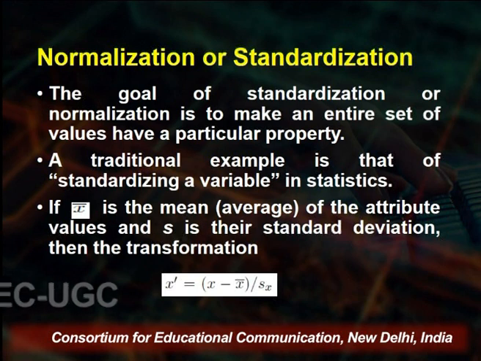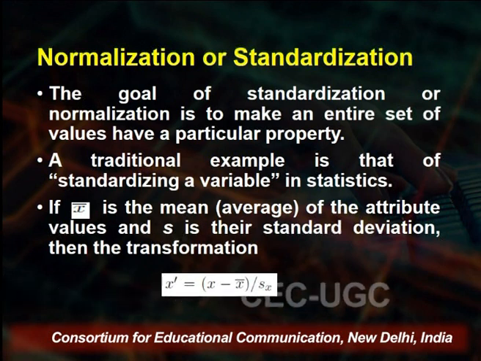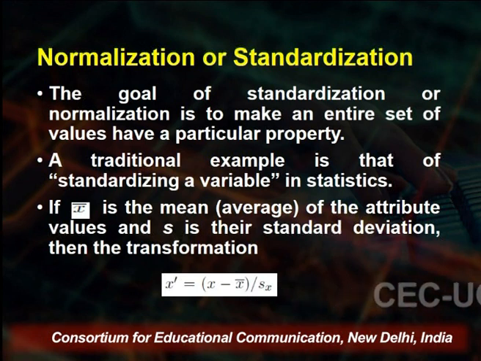Then the second type of procedure, for the standardization procedure, or for the process of ascertaining the value, can be normalization or standardization. The goal of standardization or normalization is to make the entire set of values have a particular property.